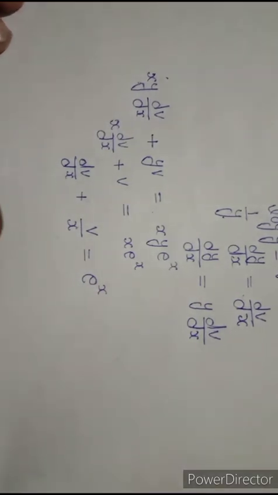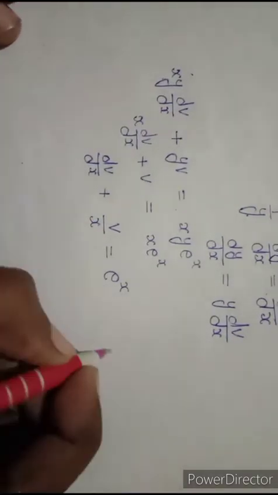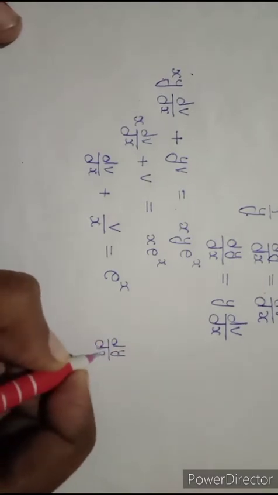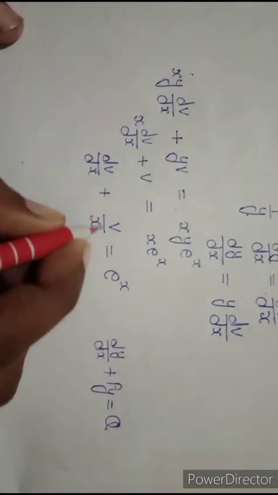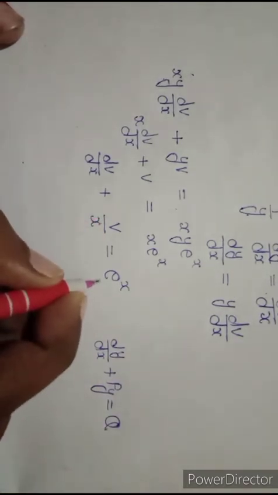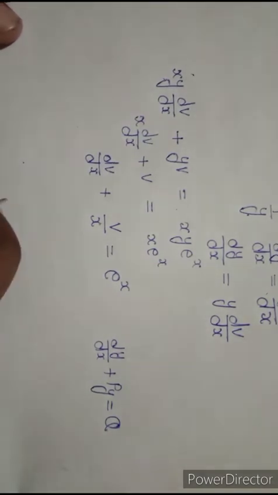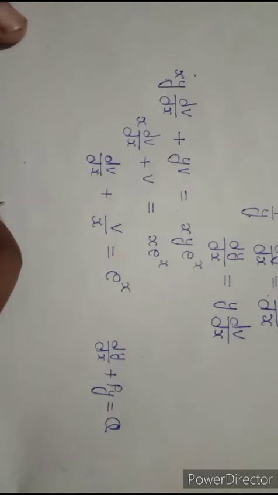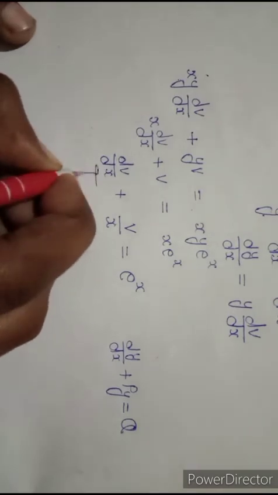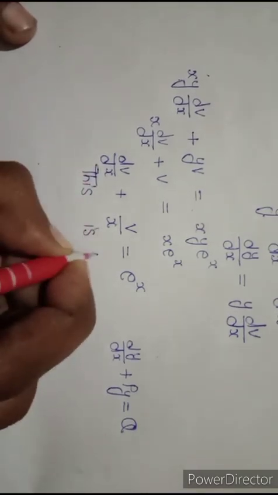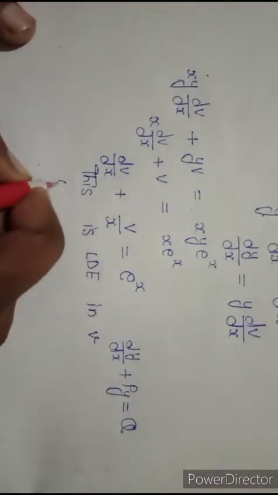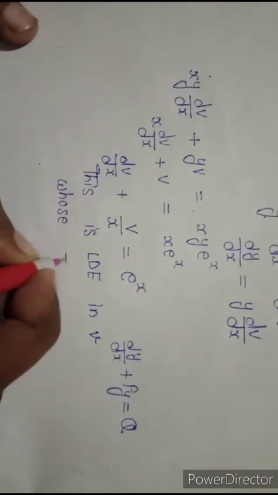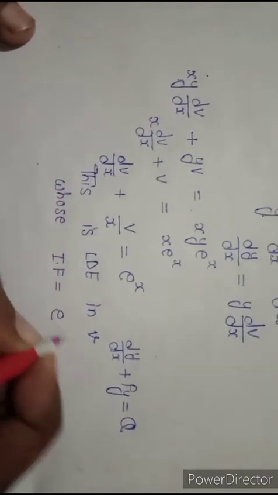Now if you compare it with the standard form, which is dy/dx + py = q, you can see that in place of p, 1/x is present, and in place of q, e^x is present. So now this is reduced into the linear differential equation form, and we can find the solution by the previous method. This is an LDE in v, where v is the dependent variable, whose integrating factor is e^(∫p dx).